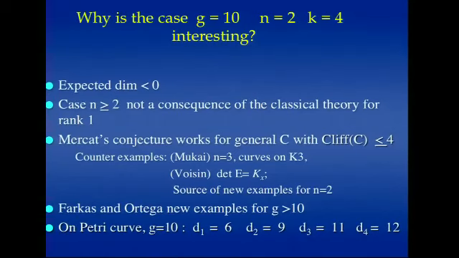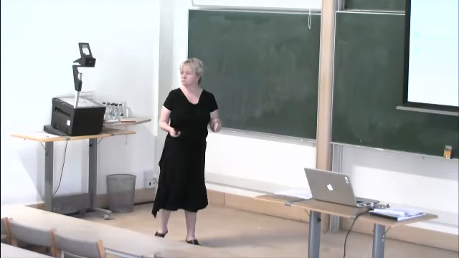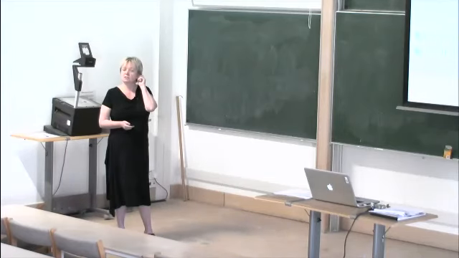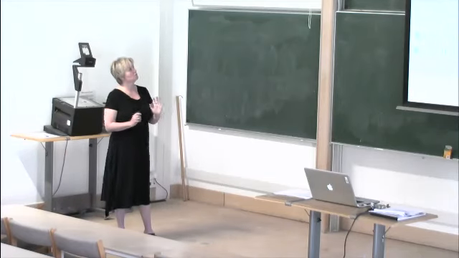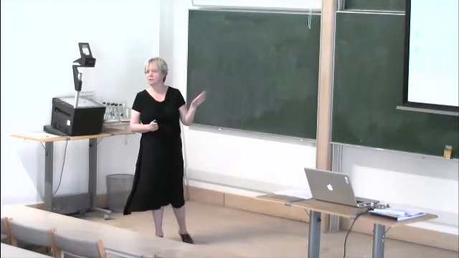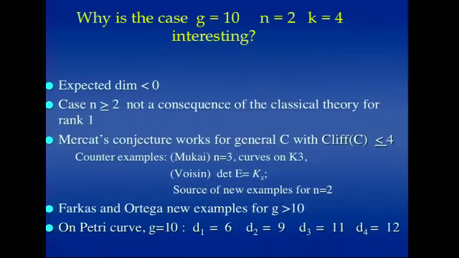And there are new examples from Farkas and Ortega for genus bigger or equal to 10. So it's a nice thing to study, and this is the first case where nothing was known. From now on, I will report on the work that I did with Peter and Vincent Mercat. This really resolves this particular case.